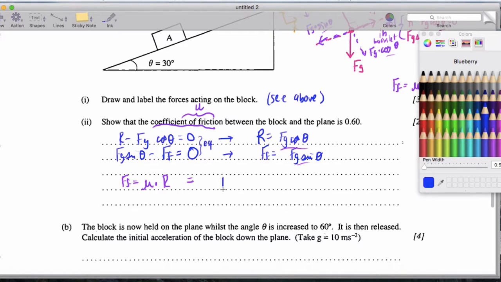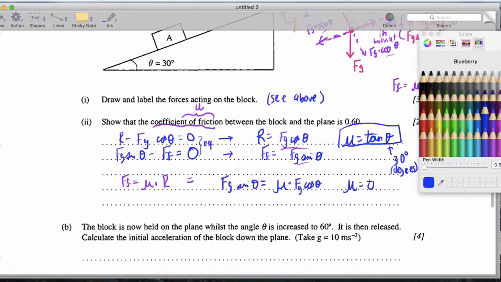So I'm going to say Fg sine theta minus mu times Fg cosine theta equals 0, so Fg sine theta equals mu times Fg cosine of theta. And when I isolate mu, mu actually equals the tangent of theta. Memorize this. It's not in the data booklet, but it's really useful. And when I put in 30 degrees here, you want your calculator in degrees, mu actually ends up being 0.57, but we're going to round that to 0.60.